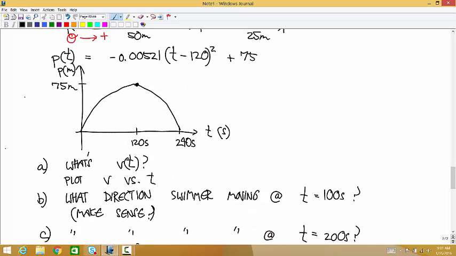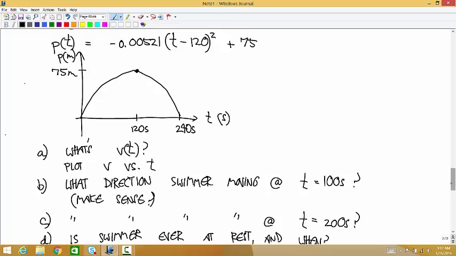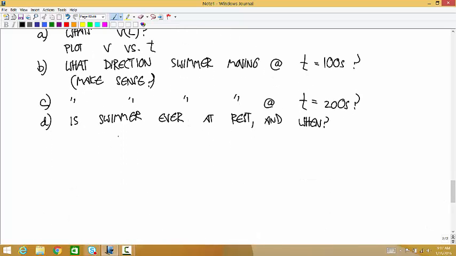And so v of t you can get by just taking the derivative. You get negative 0.01042 times t minus 120.